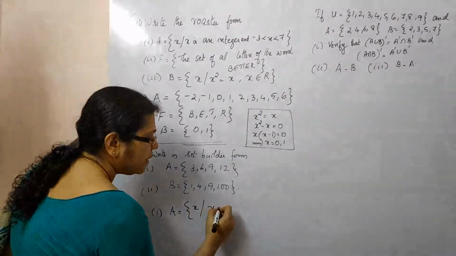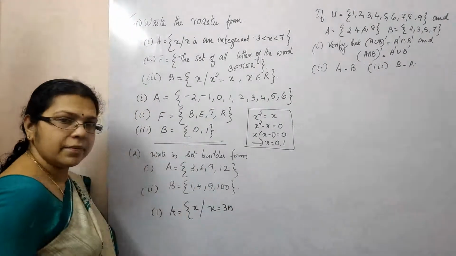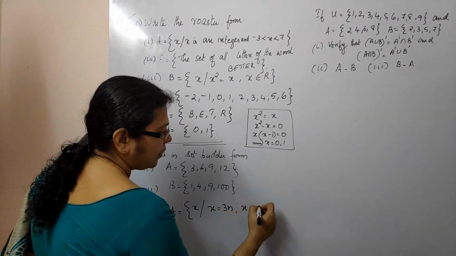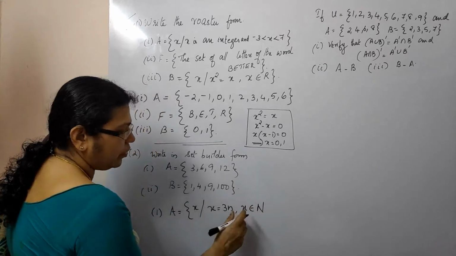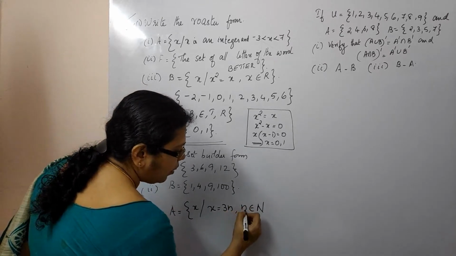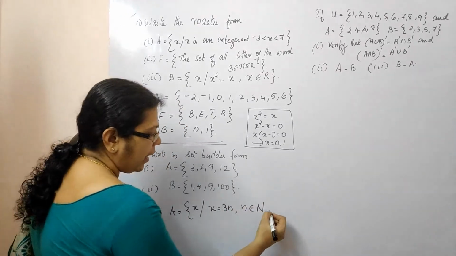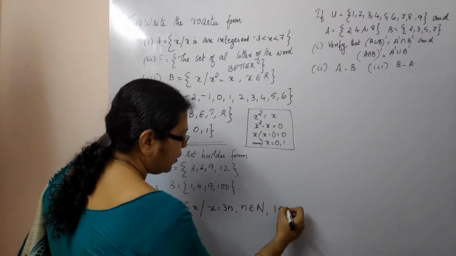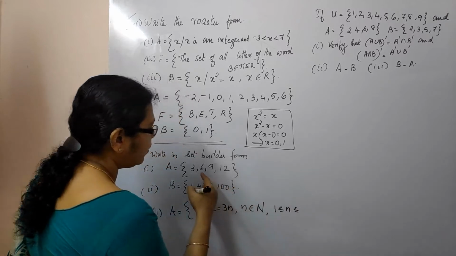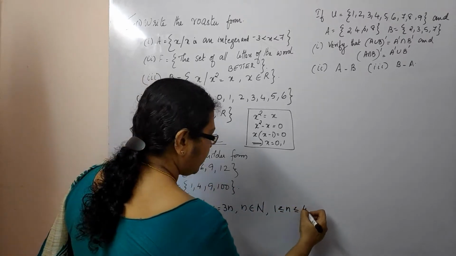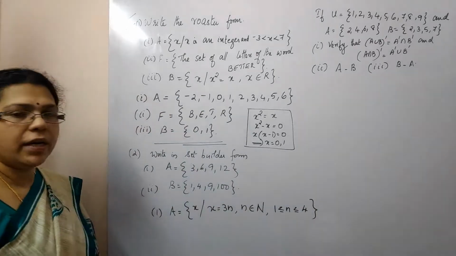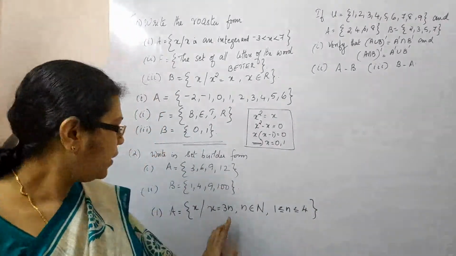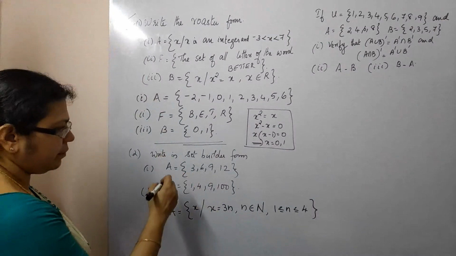So x is equal to 3n, where n belongs to capital N, and the value of n is 1 less than or equal to n less than or equal to 4. Am I clear? So this is how I write the set builder form.